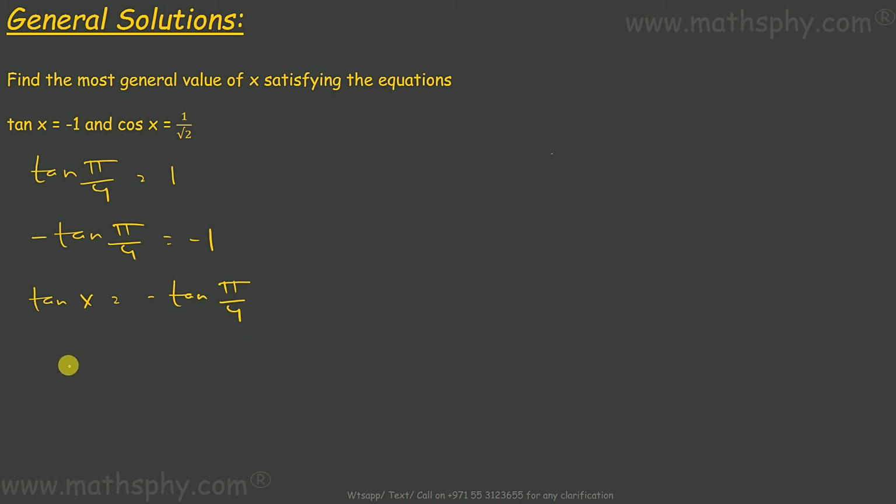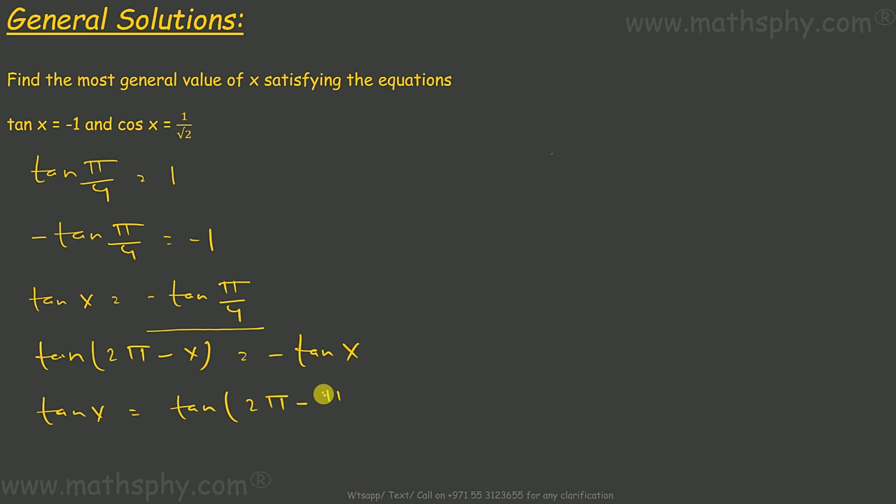We know that tan (2 pi minus x) is equal to negative tan x. So this can be written as tan x equals tan (2 pi minus pi over 4).